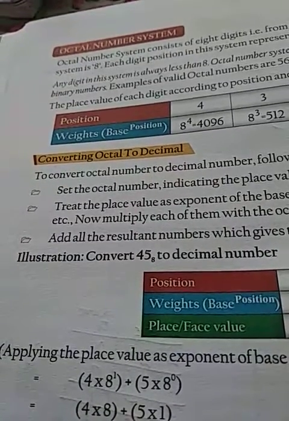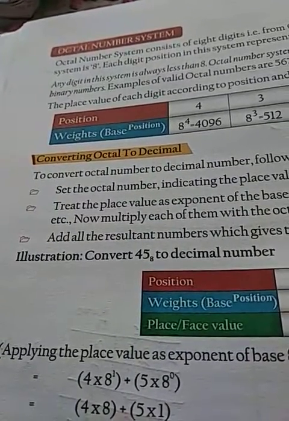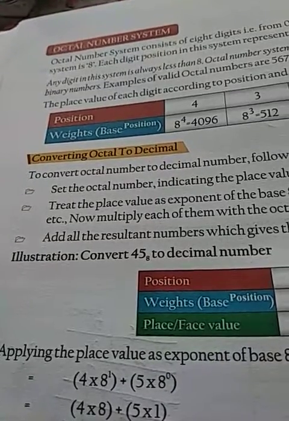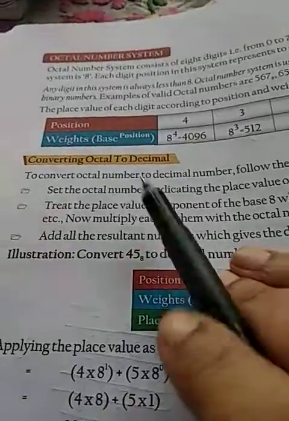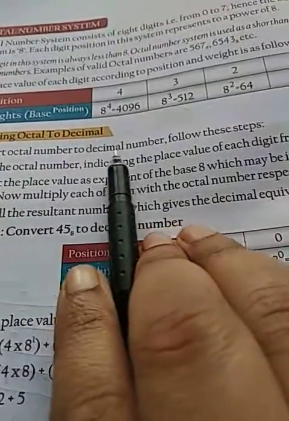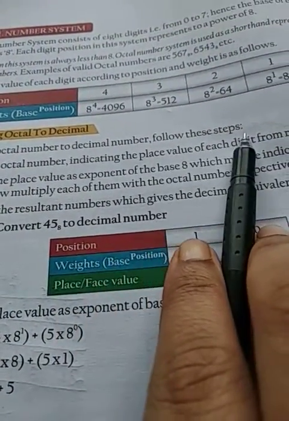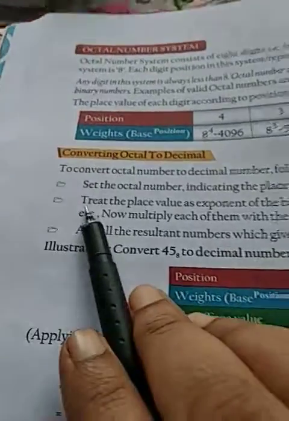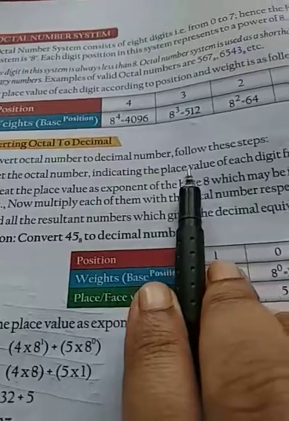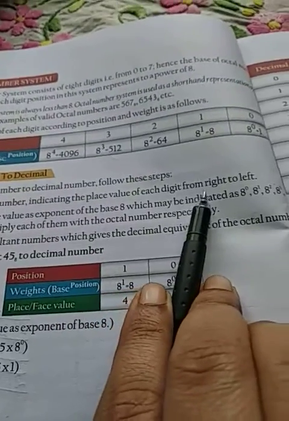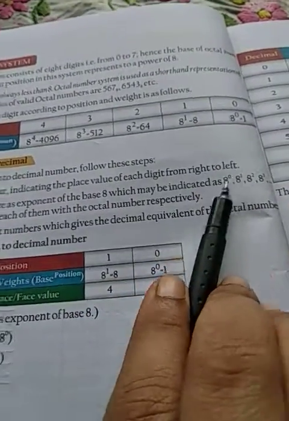In binary numbers we were using base 2, whereas in octal numbers we will use base 8. To convert octal numbers to decimal numbers, we have to follow these steps. Write the octal number, indicating the place value of each digit from right to left.